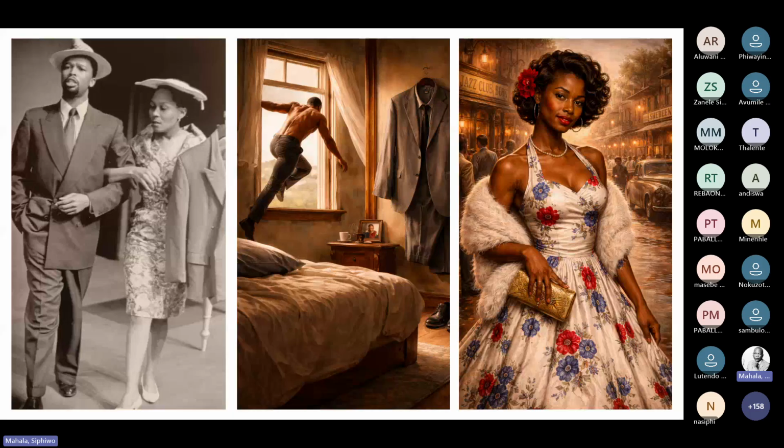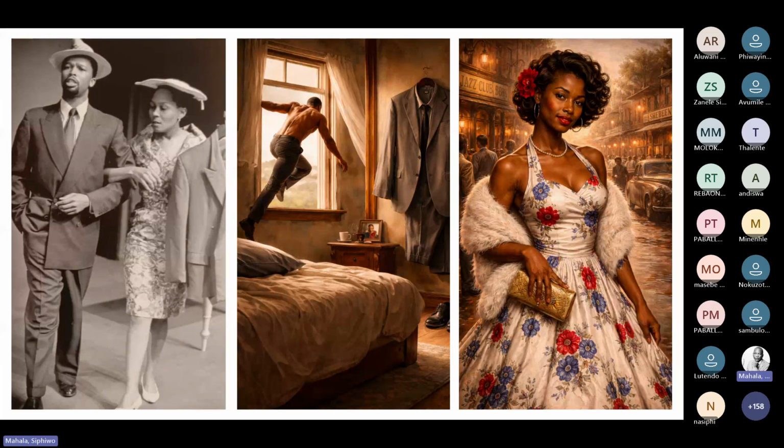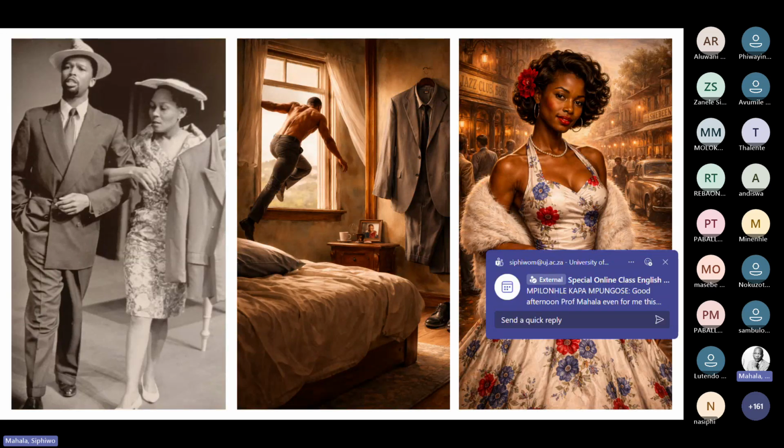And then thirdly, we have Matilda, from whose perspective The Dress That Fed the Suit is told. As you can see here, she's beautiful, wearing a beautiful dress.